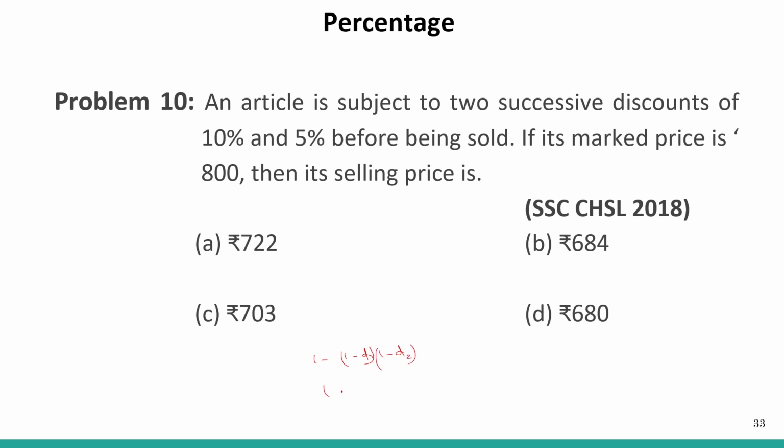This will be used here. So 1 minus 0.1 into 1 minus 0.05. So that is equal to 1 minus 0.9 into 0.95. So whatever it is, it will give us the cumulative discount.